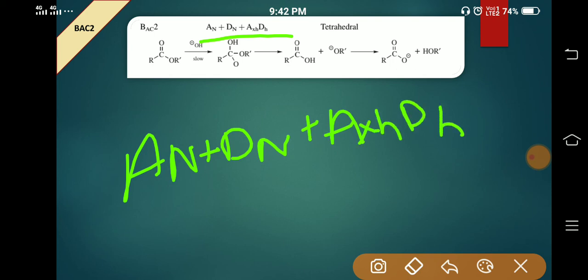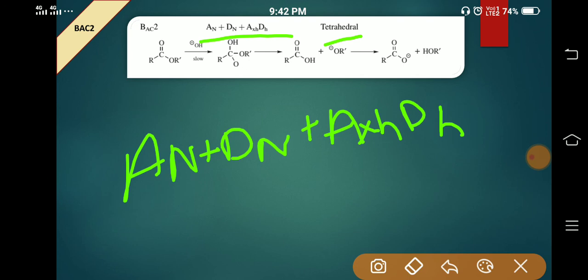Here the first step is the association of the nucleophile, and the mechanism is carried out through a tetrahedral intermediate. The first step is association of the nucleophile, that is the addition of hydroxide ion. Students, it is base catalyzed hydrolysis, so the introduction of the nucleophile in the form of OH minus is the first step.